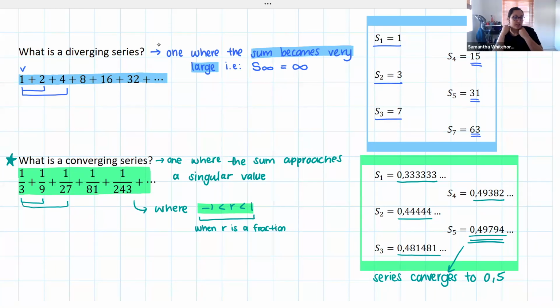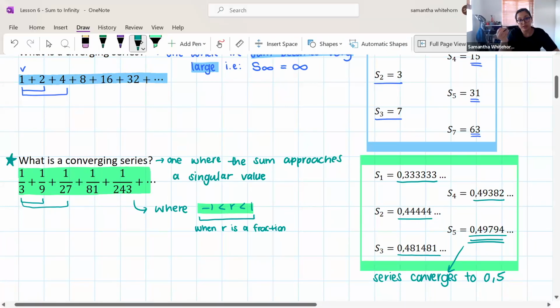So a converging series is when it approaches a single value despite adding an infinite number of terms. And really importantly, it is when r is between -1 and +1, not including those values, but greater than -1 and less than +1.